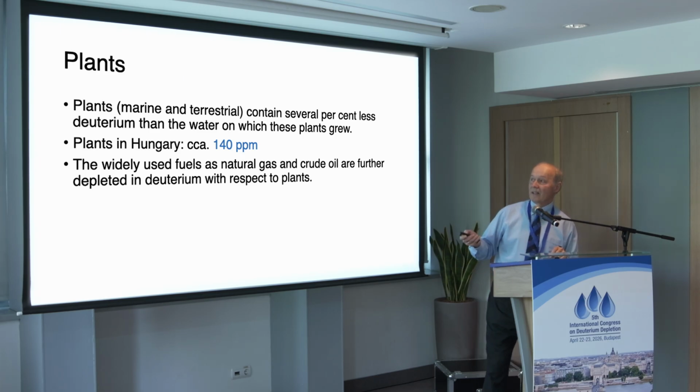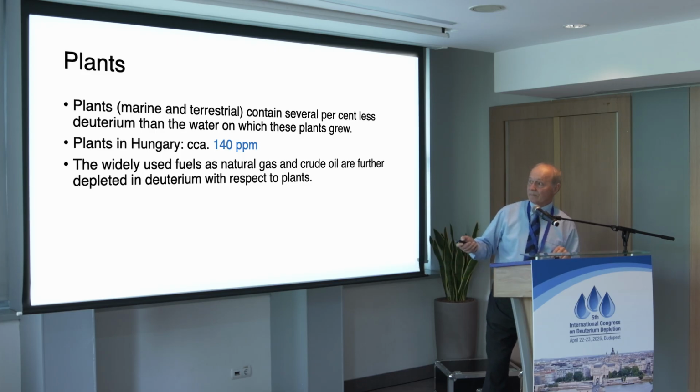And what about the plants? Normally, the plants, no matter whether marine or terrestrial, contain several percent less deuterium than the water on which they grew. There is a fractionation. Plants contain less deuterium than the water on which they grow.